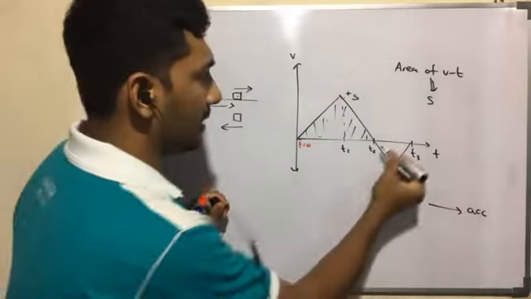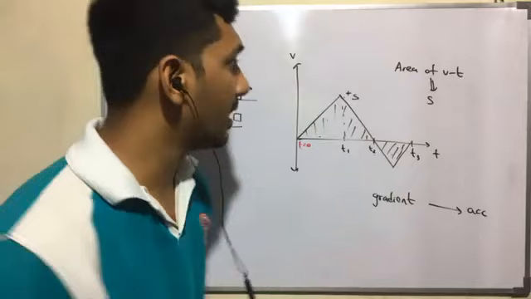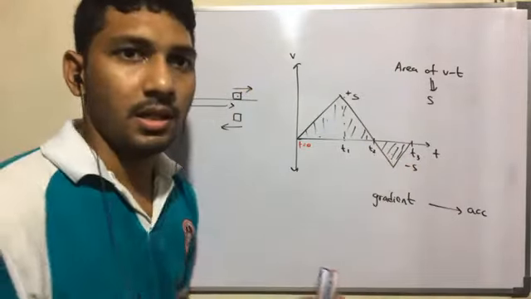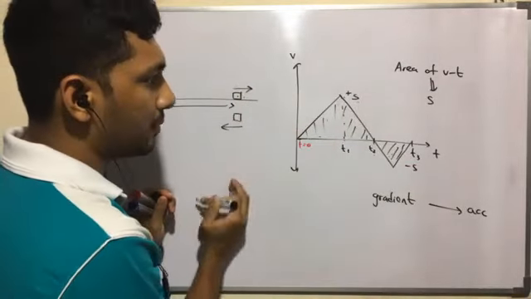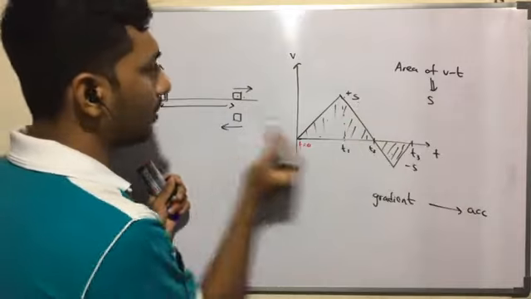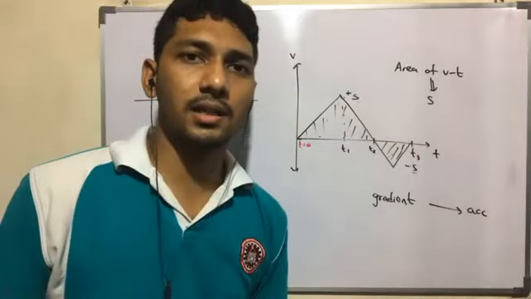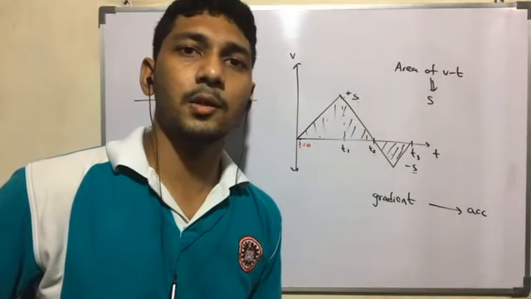So this negative area means negative displacement. So displacement is decreasing in this part. So in the positive direction there is a displacement and it is returning back. So in the negative direction also there is displacement. So do you think the resultant is zero? Do you think the resultant is zero?